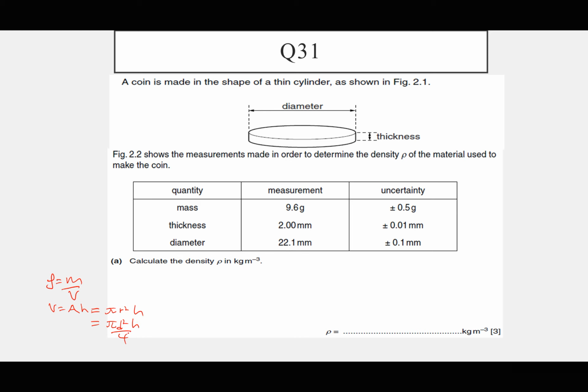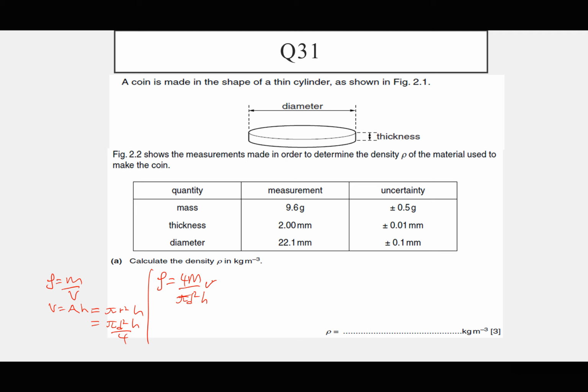When I square it, it becomes d squared over 4. So density will be equal to 4m divided by pi d squared h. You realize why I'm trying to come up with such an expression. It's because I know the uncertainties given are for the thickness, d and m.